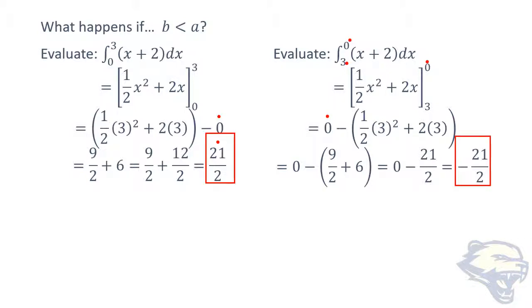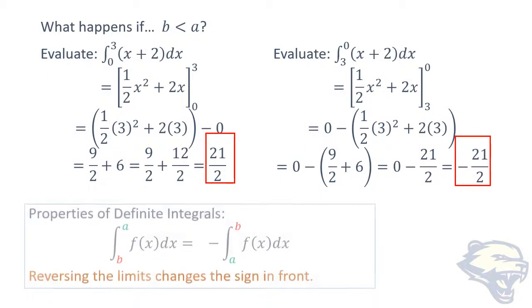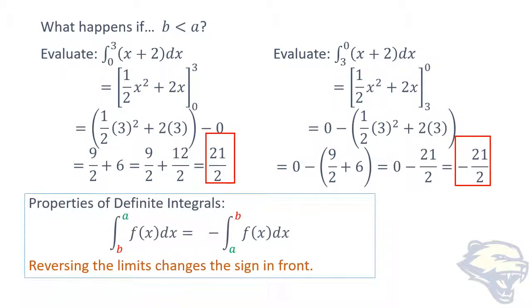So if we take those two solutions and compare them, we've got positive 21/2 and negative 21/2. Now, not that this is a solid mathematical proof, but it illustrates my point. My point is that if you switch the order of your two little limits a and b, it is effectively the same thing as just changing the sign in front of the integral.